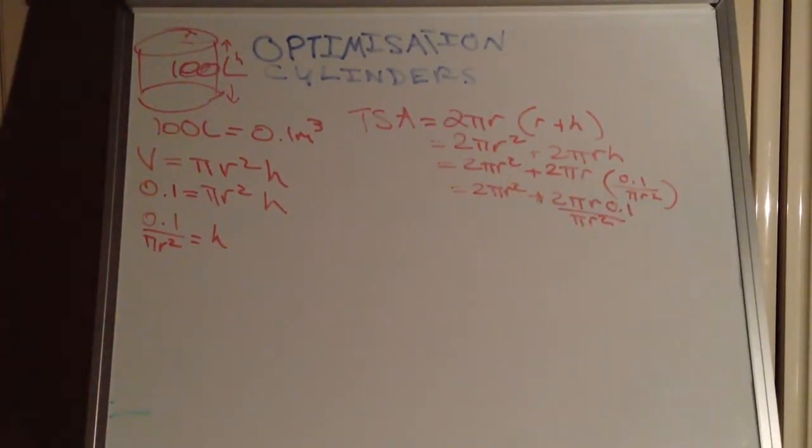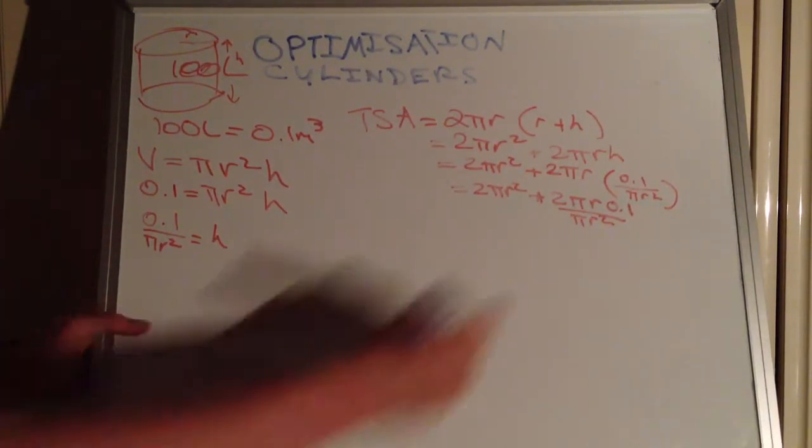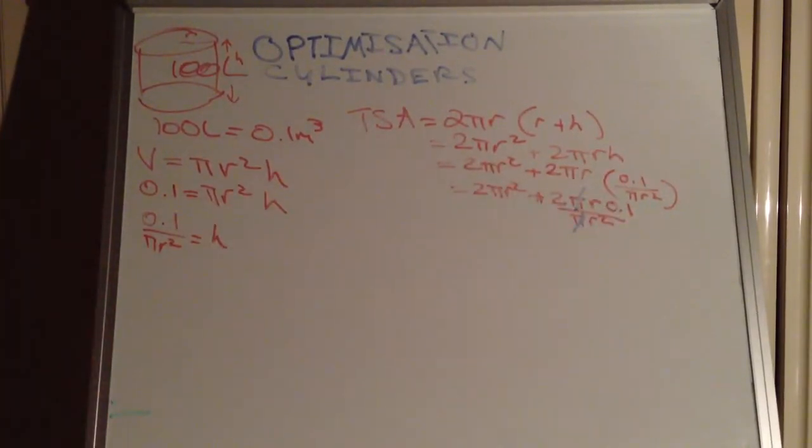Awesome. However, we can cancel down, and cancelling, like expanding, makes things a lot simpler. There's a pi in the numerator and a pi in the denominator, so we can cancel them out.